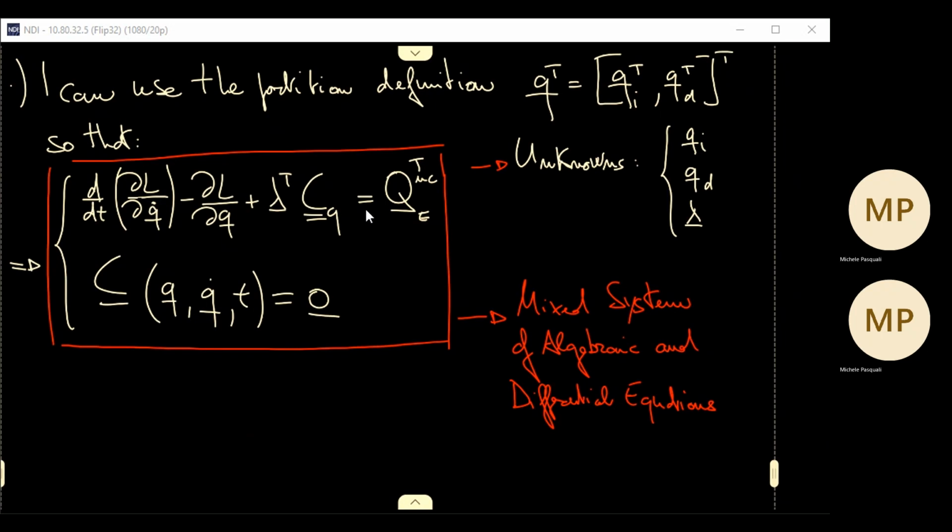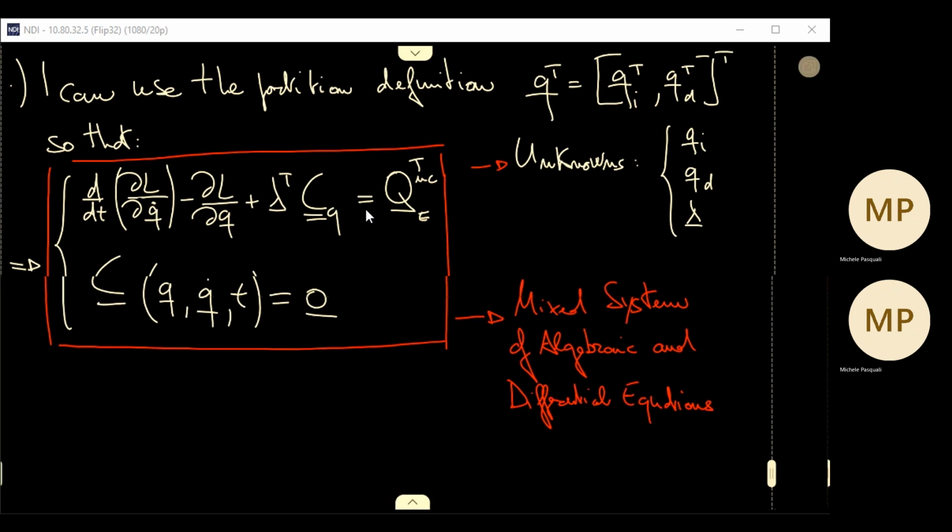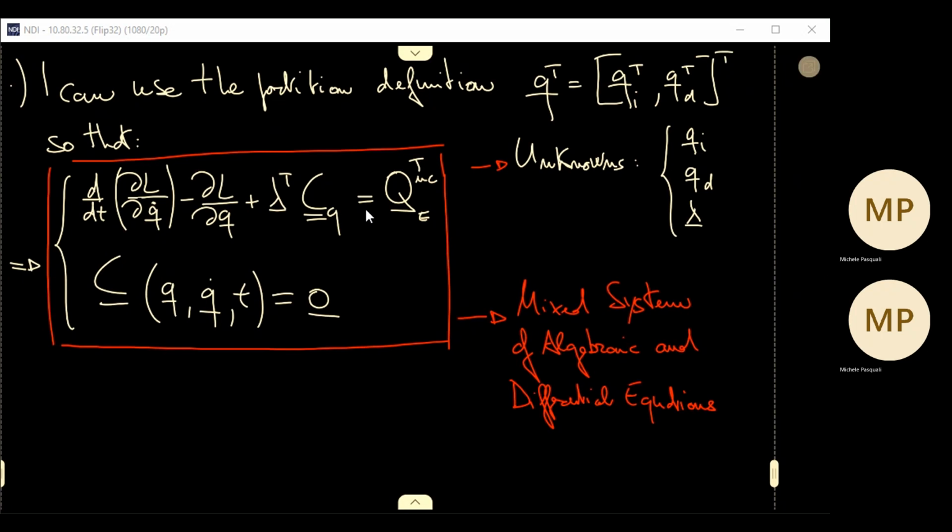Okay, because eventually it relies on one observation. Either if your constraint is holonomic or non-holonomic, you can both write them in terms of like this, okay? Because you can always derive, as we have said, the kinematical form. We can always write them in the kinematical form, either if they are integrable or not.